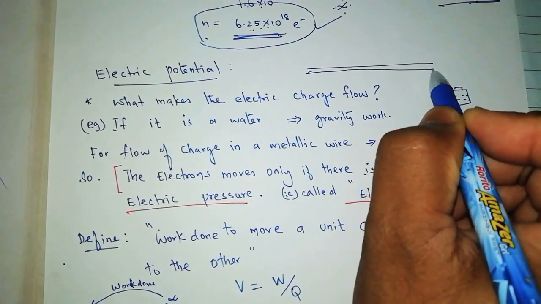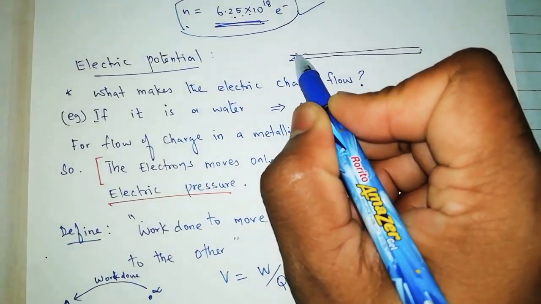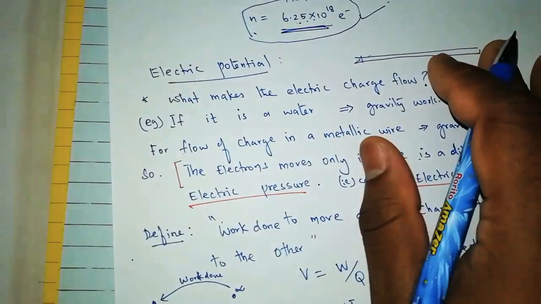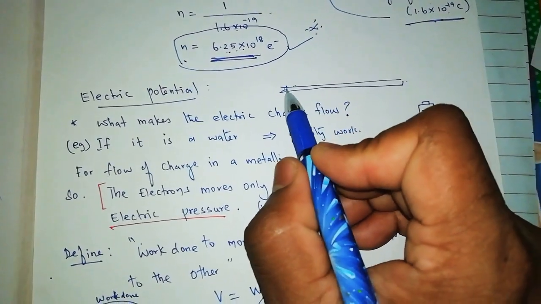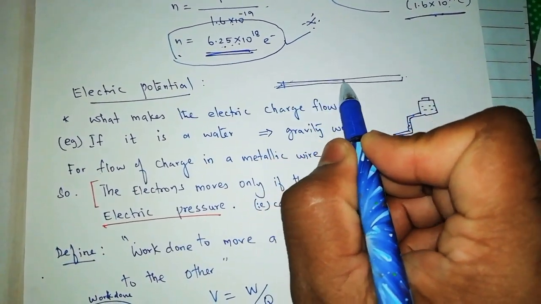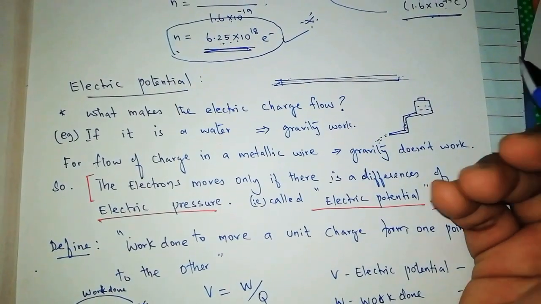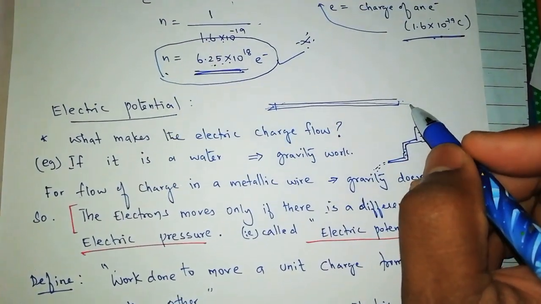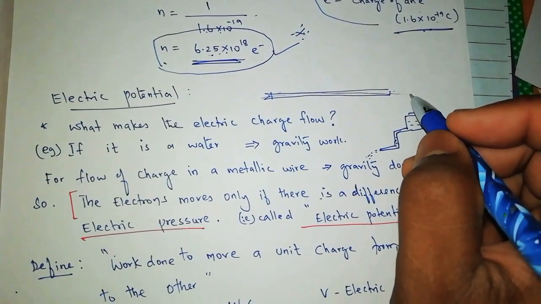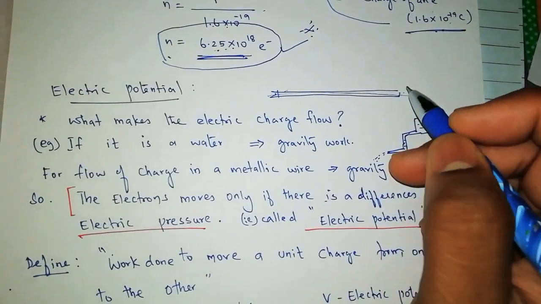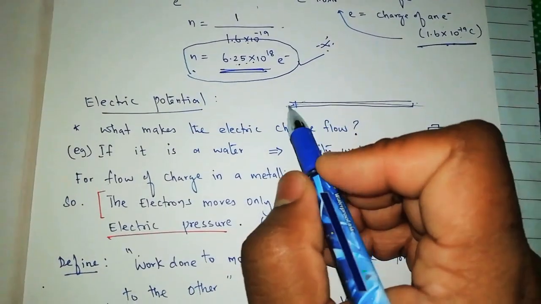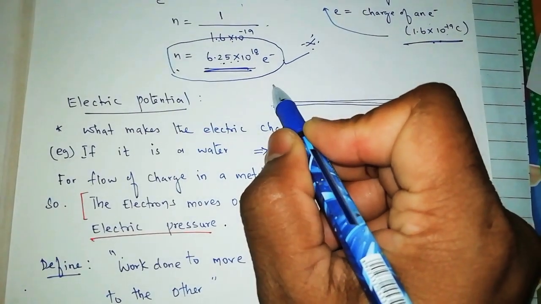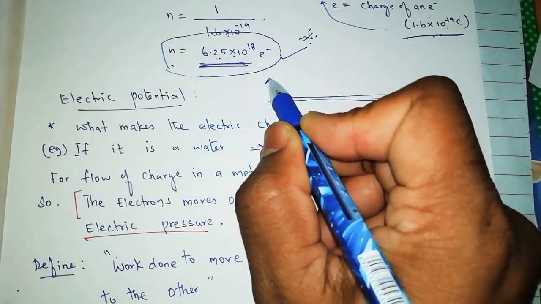If I am keeping this tube of water in a horizontal place, in an equally level place, do you think that the water flows very fast? No, it won't flow like that. So what we can do, if I want to make the water flow very fast, I can make this area a little up.